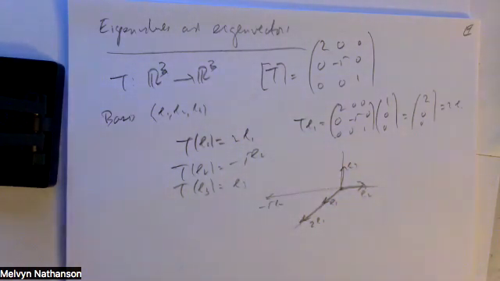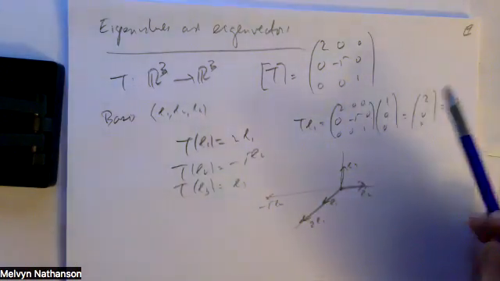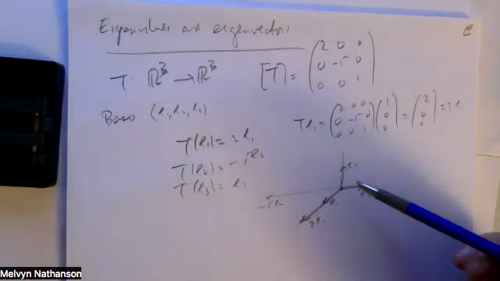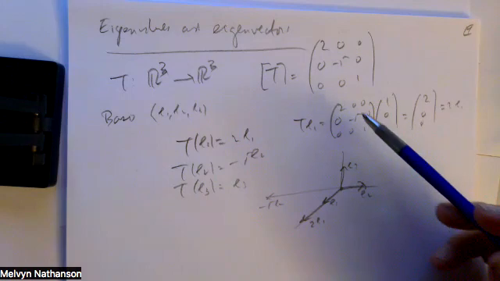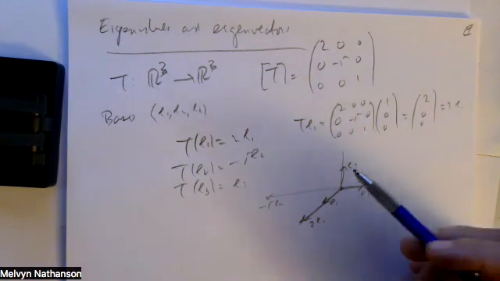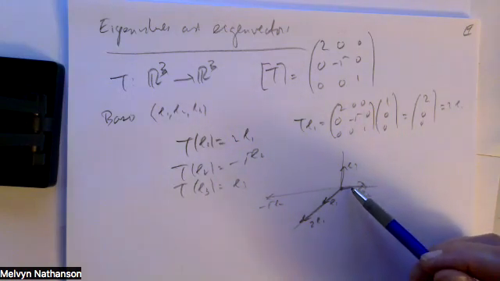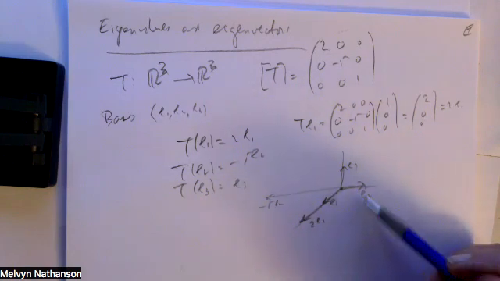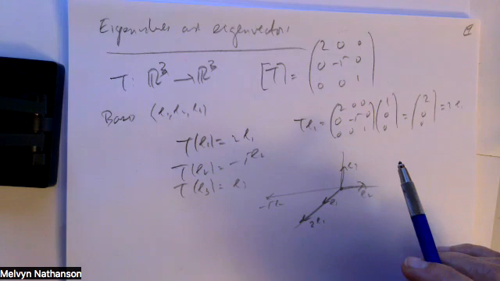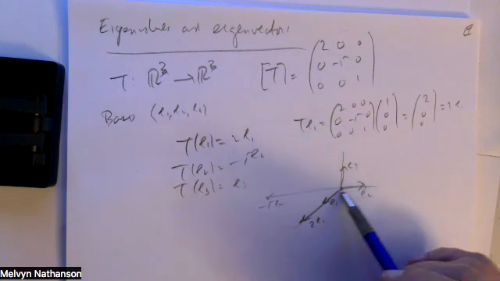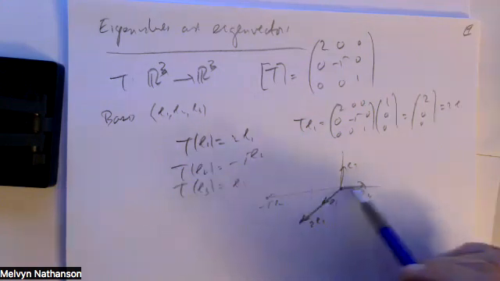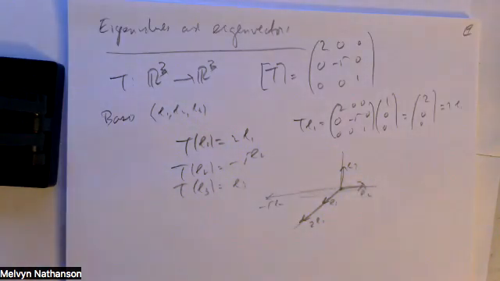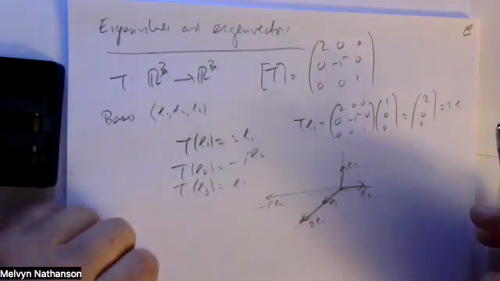So if this matrix is the matrix of the linear transformation with respect to this basis, it means the linear transformation just stretches each basis vector, but it doesn't rotate it or twist it or do anything strange to it. It might point in the opposite direction, but it still is in a direction parallel to itself.